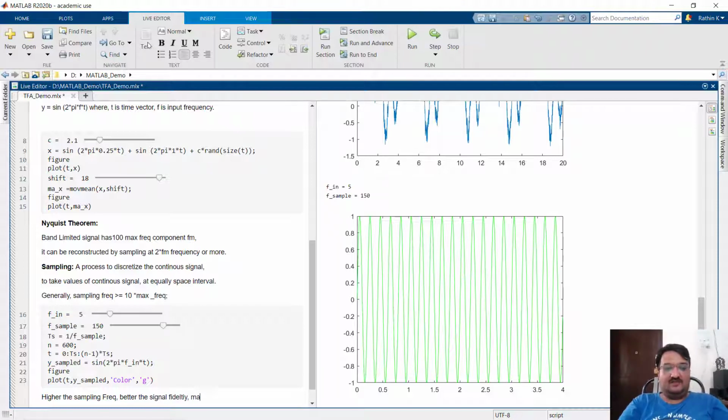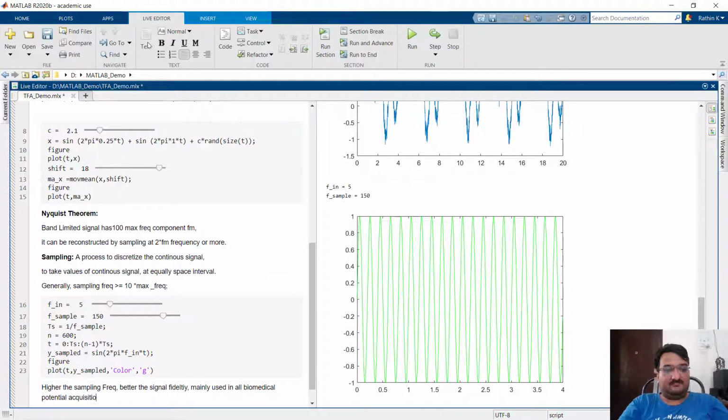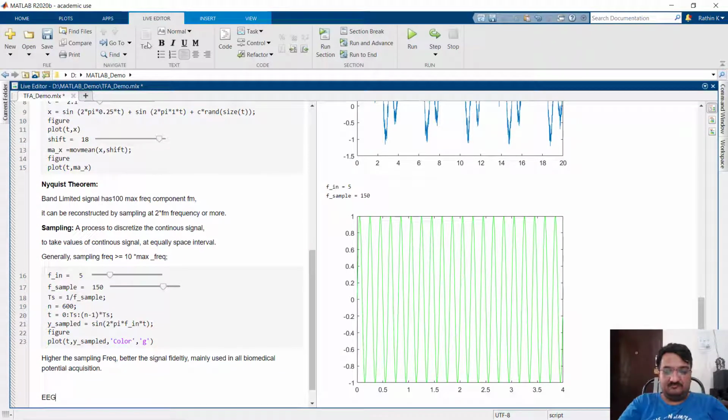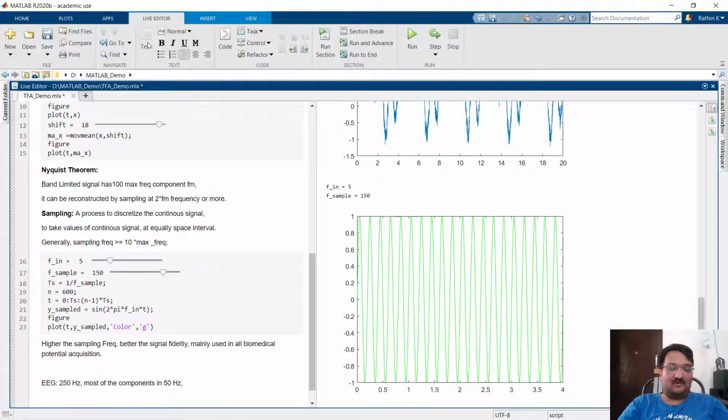Okay, mainly used in all biomedical signal acquisition. For EEG, generally 250 Hz is fine because most of the components lie in 50 hertz, and if you want even further components, you can increase the frequency. For ECG heart rate, most of you know, it will be maximum around 100 hertz or 150 hertz, not more than that, right?